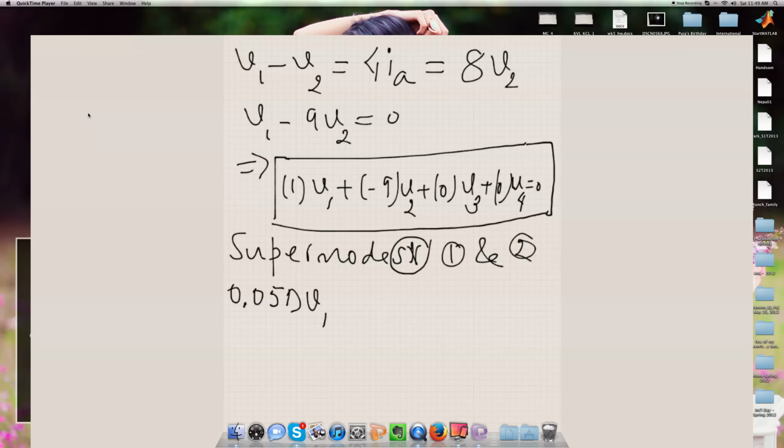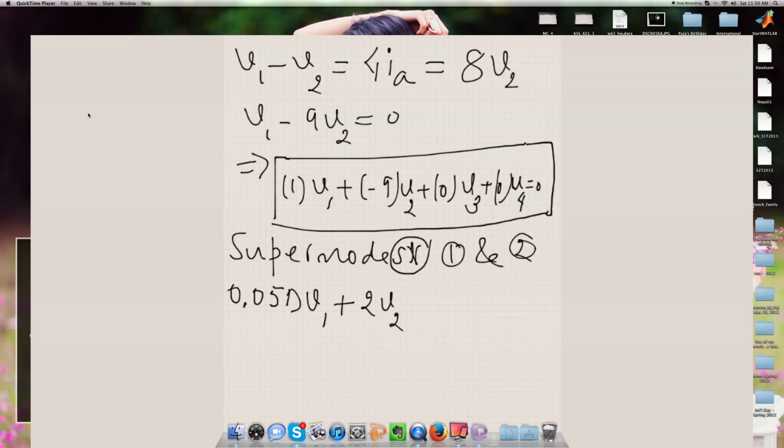So that is the current flowing via this capacitance. Next is the current flowing via the resistance, I sub A, which will be simply 2 V sub 2. Okay, I sub A is 2 V2, remember that.